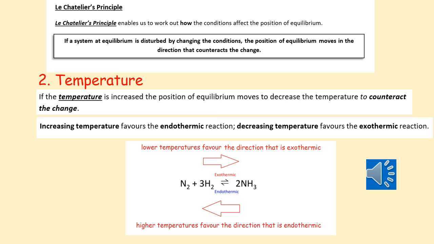Because the reaction is saying, I want to take heat in from the environment. You give it extra heat, therefore it's going to have the heat there to take in and do that reaction. So the endothermic reaction is favoured by higher temperatures.